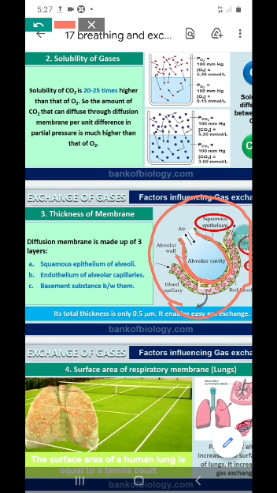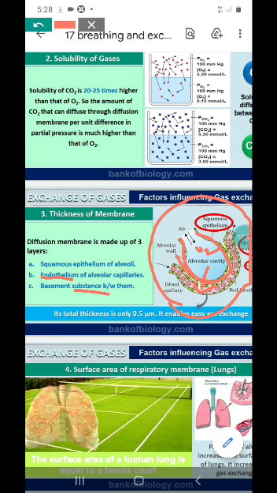The oxygen from the alveoli has to pass into the blood, so it has to cross 3 layers. Which are these 3 layers? The squamous epithelium of the alveoli, the basement membrane, and the endothelium of the capillaries of the alveoli, that is, the blood.